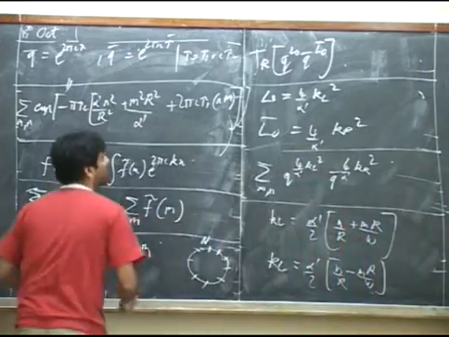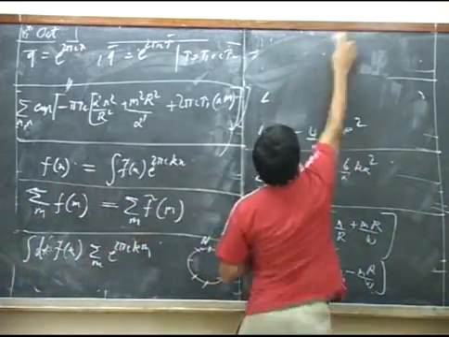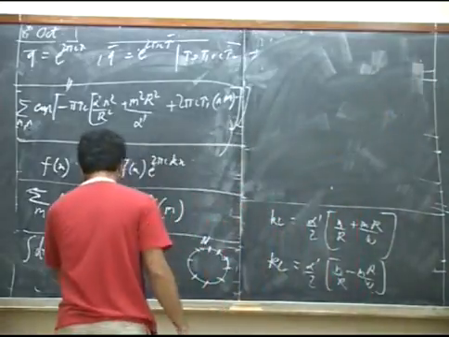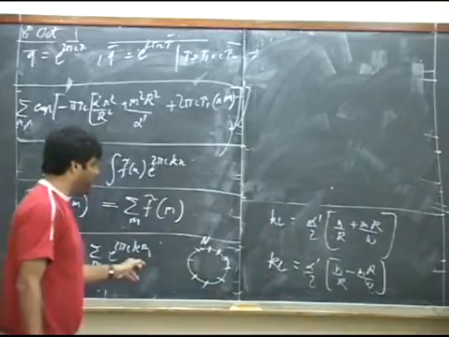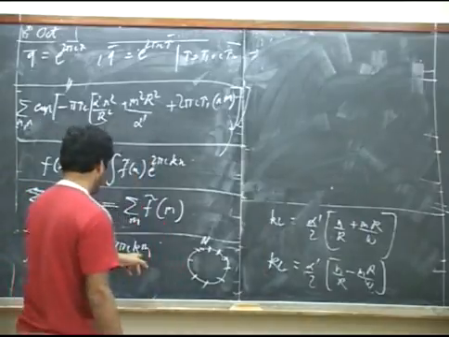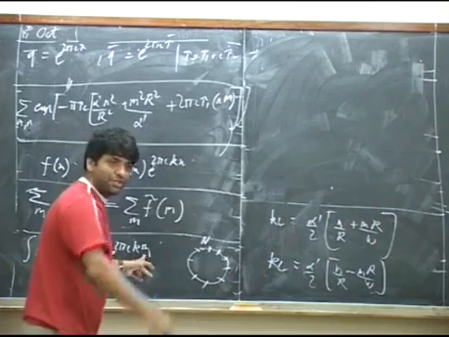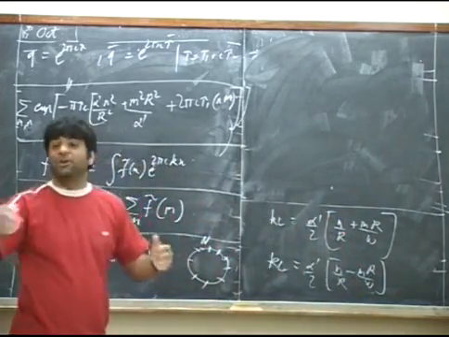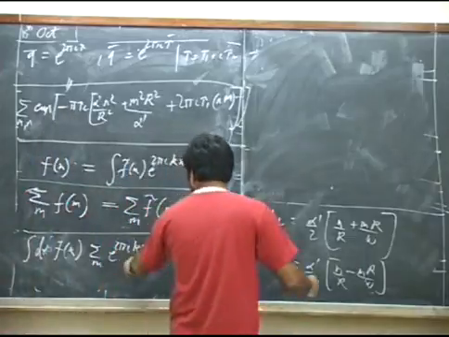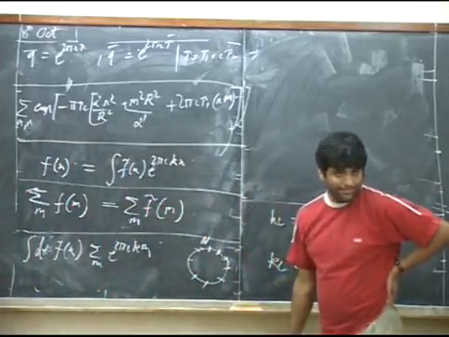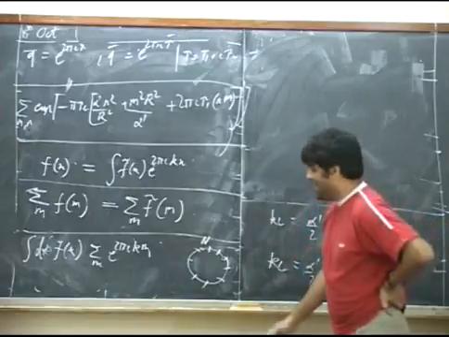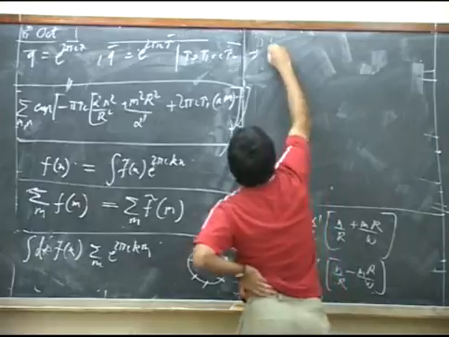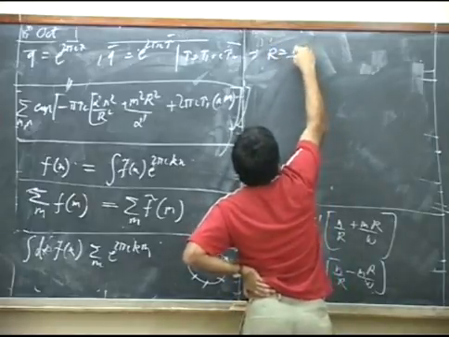Let's just do it. Suppose we're given a problem in which we have periodicity of this function as a function of x with periodicity capital A. Then the allowed values of k would be k equal to m divided by n.